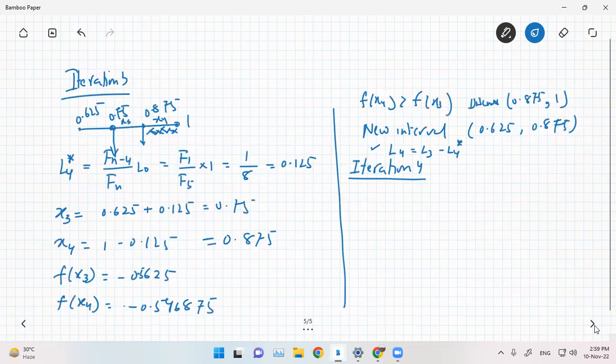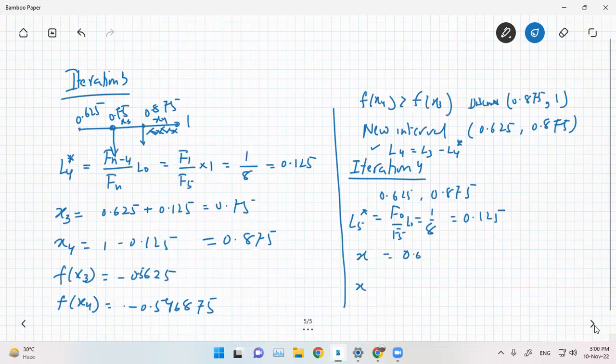So next iteration, which is in between 0.625 and 0.875. Here our L5 star will be f0 by f5 into L0, which is 1. So 1 by 8, again 0.125. We don't know which value is going to come as x.